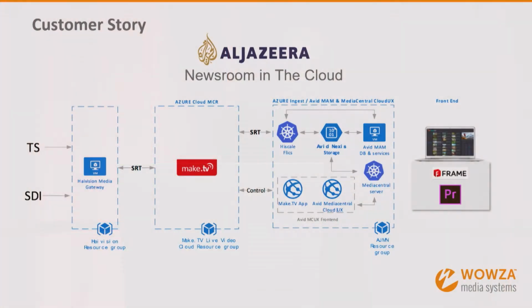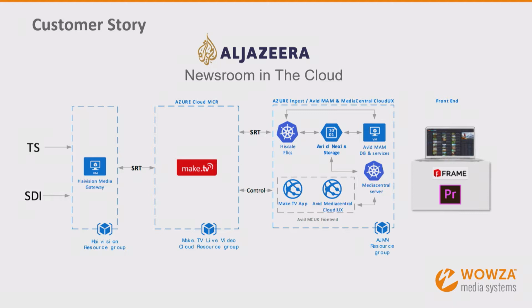Super quick, this is a little bit more of an architecture, so I'll go quickly. A real life use case: Al Jazeera's newsroom in the cloud. They take inputs both from mobile and from real cameras, and they've had great success using SRT to ingest that into a series of platforms that happen to run on Azure. Even within the Azure framework, they've done point-to-point to get things in and out of the network back to their home base.